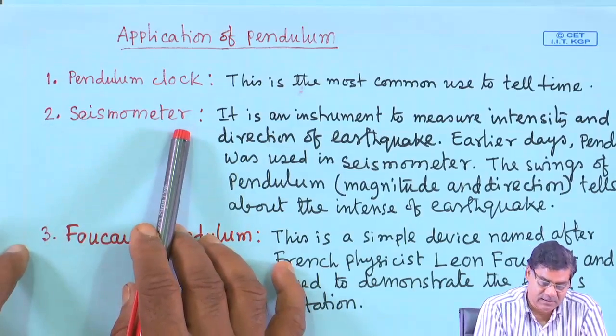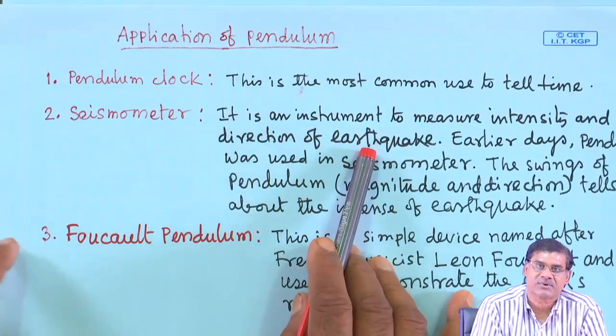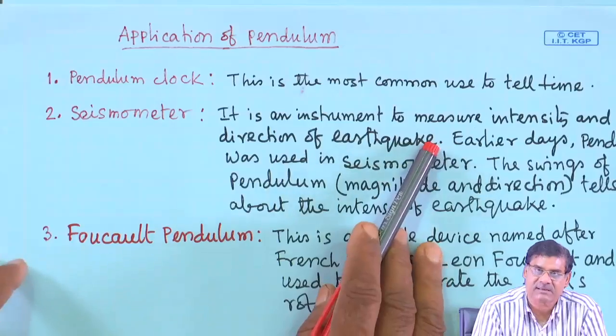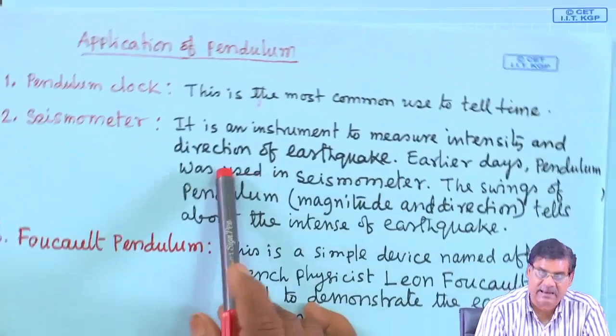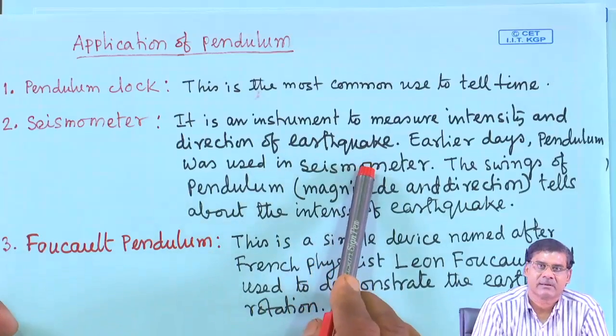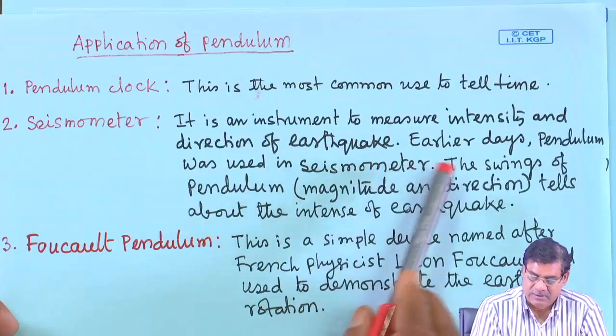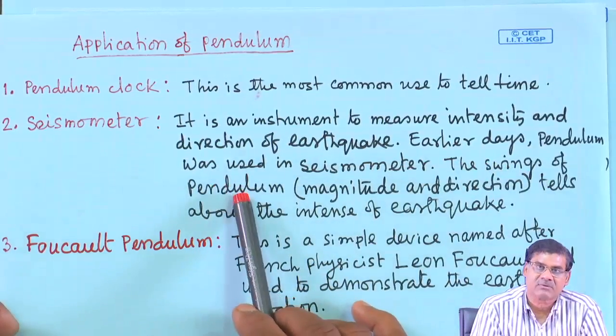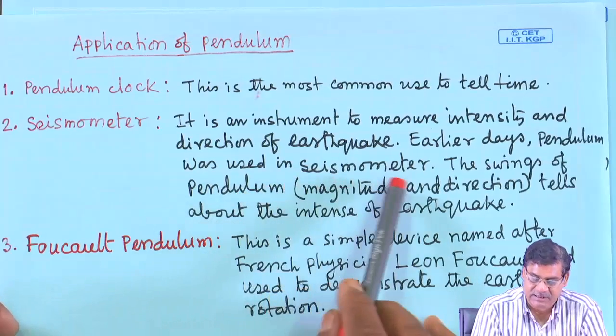What is it? It is an instrument to measure the intensity and direction of an earthquake. Earlier days, the pendulum was used in the seismometer.